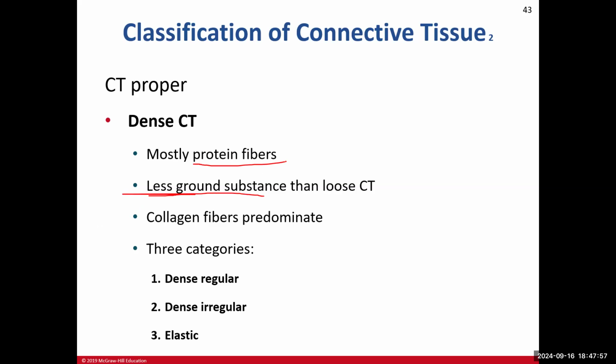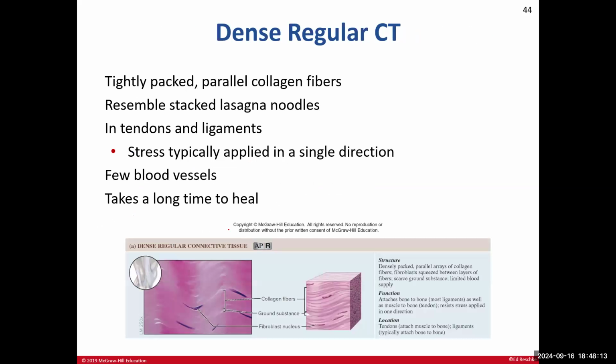When we go through the examples of this tissue, you're going to see mostly collagen fibers, because collagen fibers, if you recall, were the strongest type of protein fiber. So collagen is going to help build strength there. So let's look at the first type, the dense regular connective tissue. If you look there on the screen, all that pink is collagen, but it's not just thrown up there like that painter just splattering paint on the canvas.